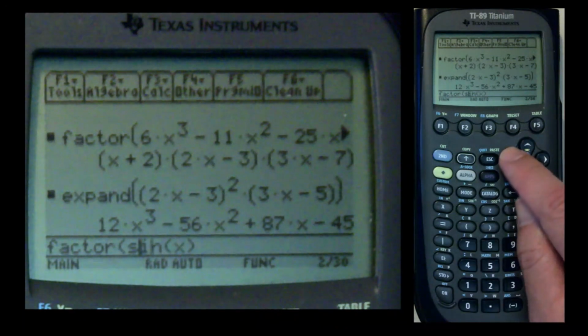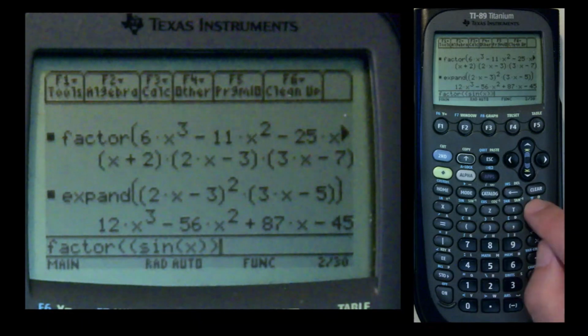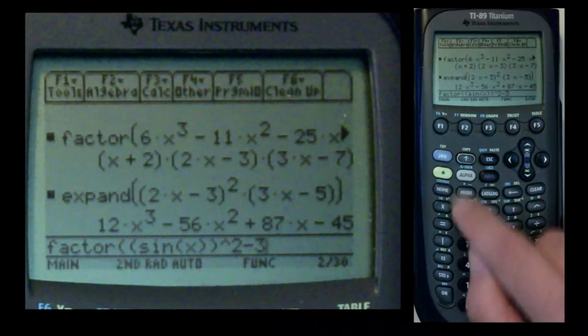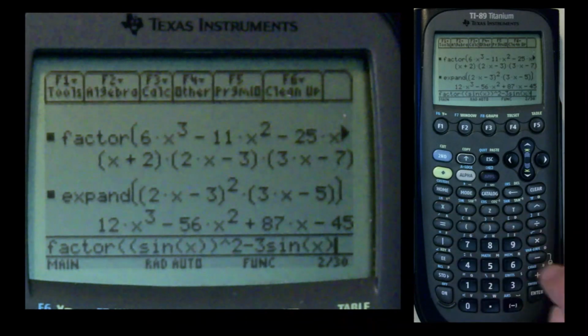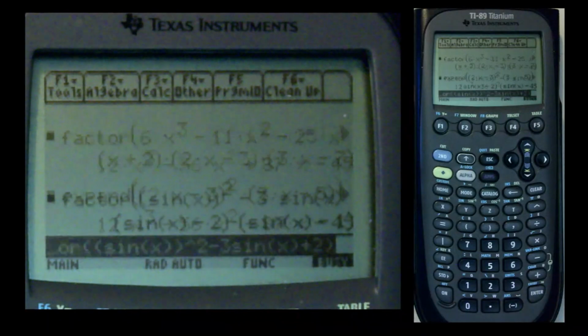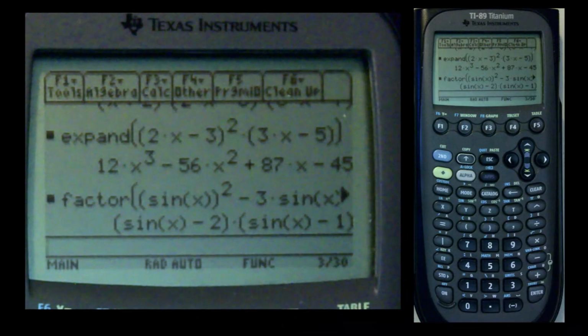So when I do this though, I need to put parentheses around the sine and square it like that. Minus 3 sine of x plus 2. And I can factor that, and you can see that it'll factor to (sine of x minus 2)(sine of x minus 1). So we can factor lots of things, not just polynomials.